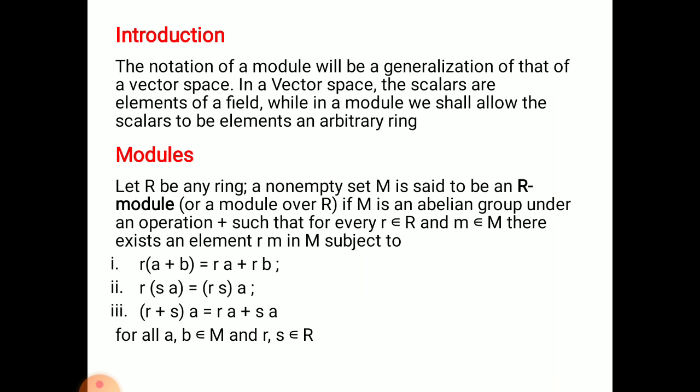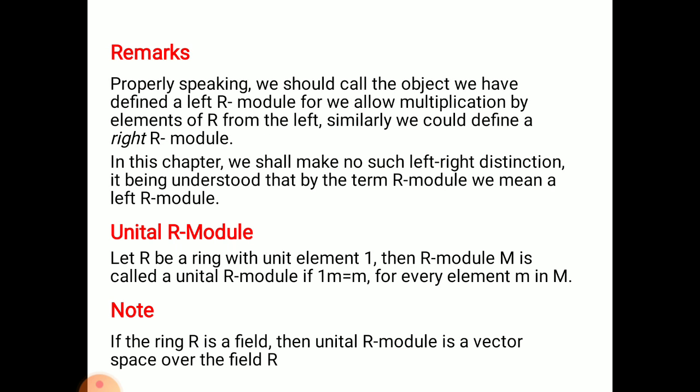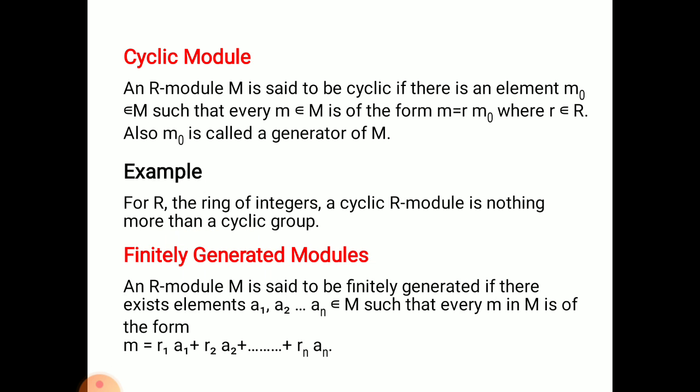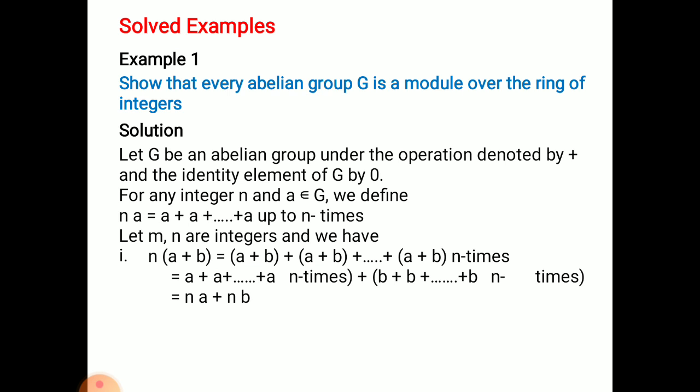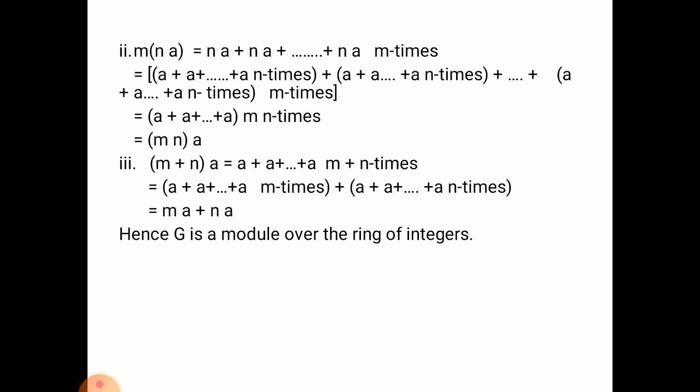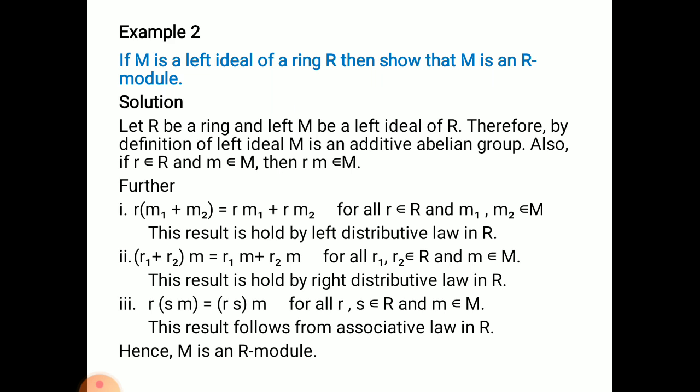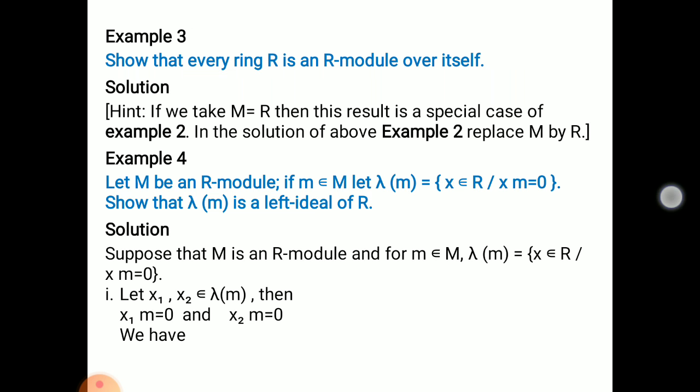In this chapter, we shall study only left R modules, and therefore, instead of saying left R module, we shall say only R module. Then we have seen unitary R module. That means if the identity element 1 exists, then such a module is called a unitary module. Then we have seen cyclic module, finitely generated module, and some examples.